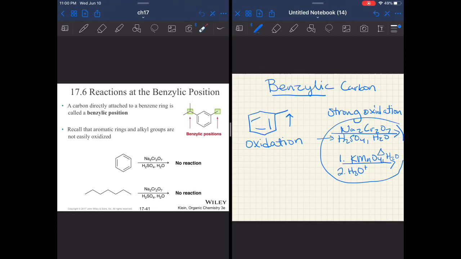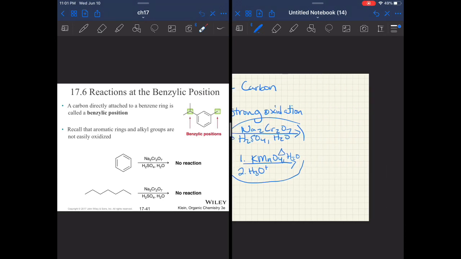Now, when you first learned about these strong oxidizing reagents, you learned that it could take something like a primary alcohol and make a carboxylic acid. Now, when you apply those reagents to benzene, nothing happens. If you apply those reagents to an alkane that doesn't have an alcohol, nothing happens.